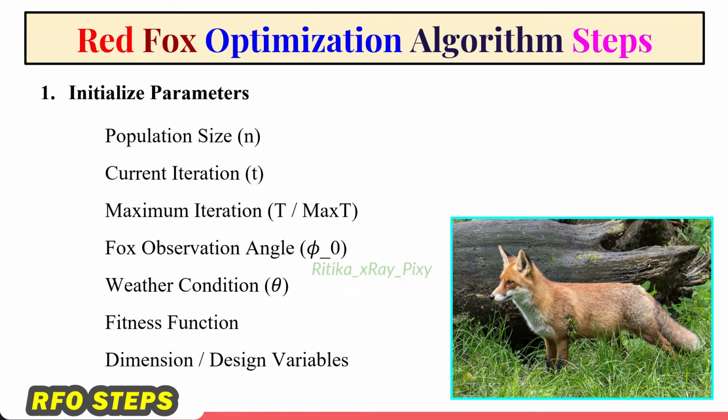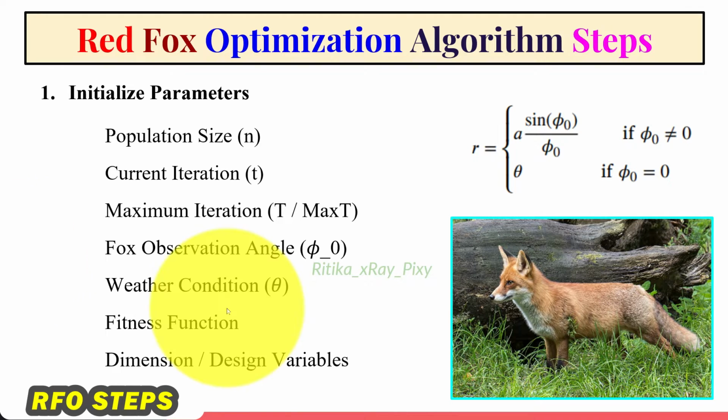Here you can initialize different objective function parameters, algorithm parameters, and others. So first we have population size. That is the total number of search agents you want to use. Here this value can be 100, 500, 1000, it depends. After that we have current iteration, maximum iteration. Then we have the fox observation angle that is used in the mathematical model, weather condition, theta.